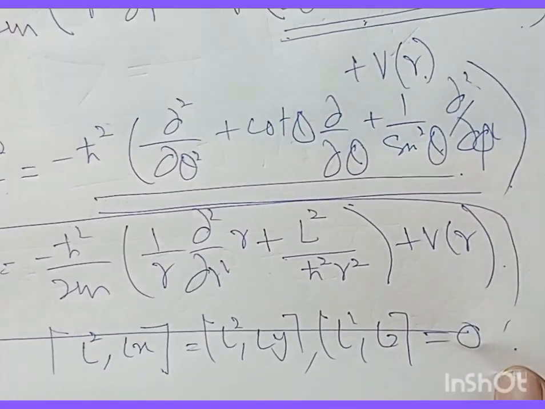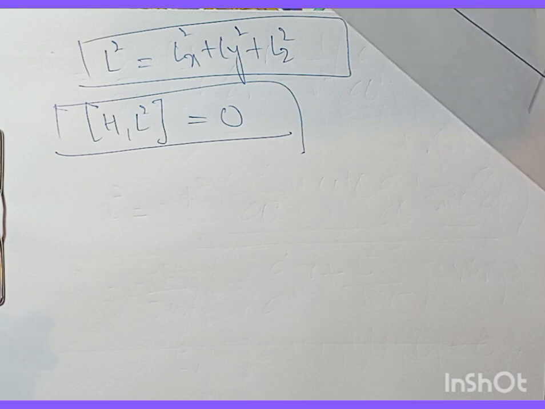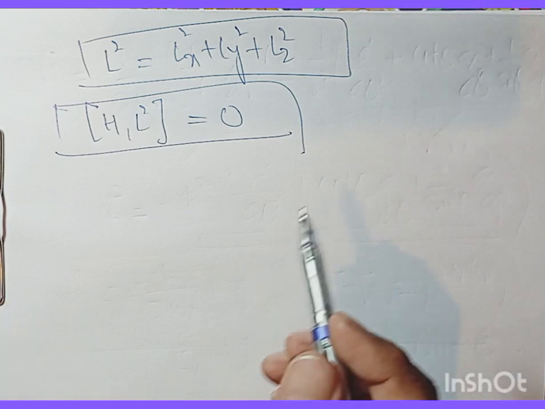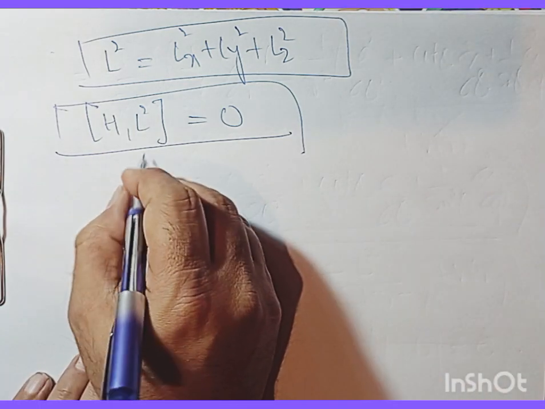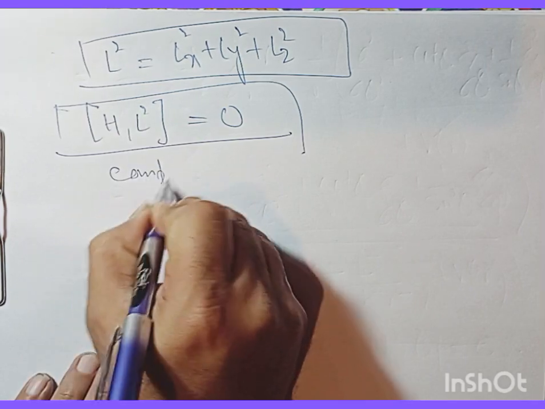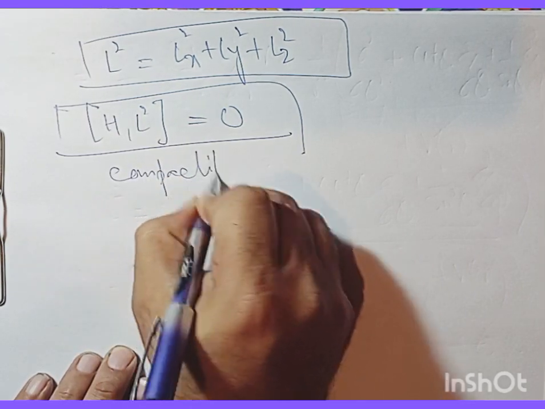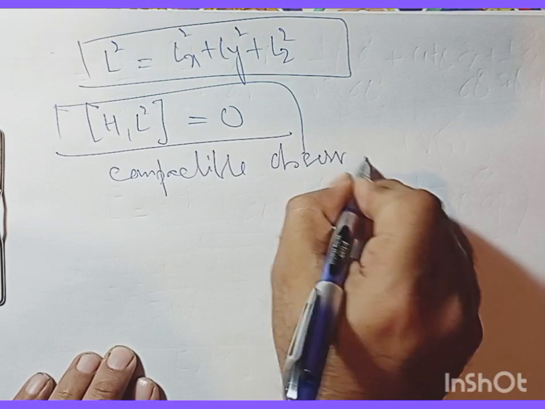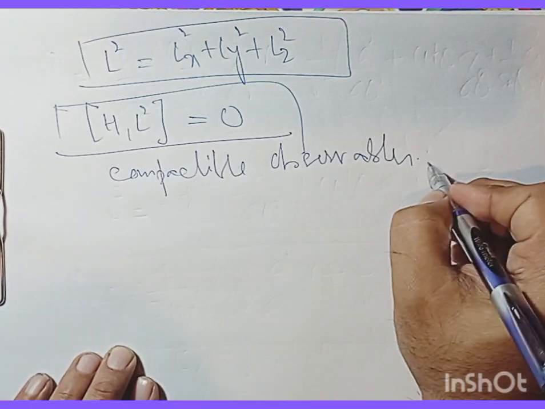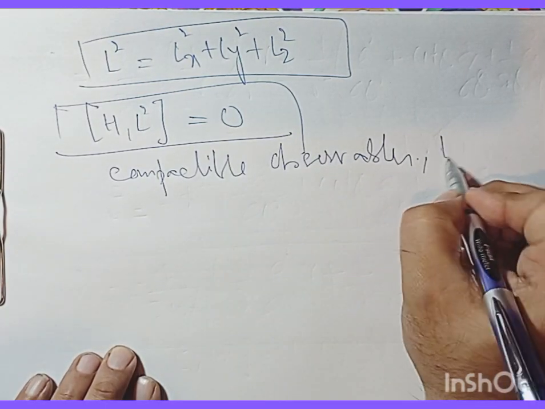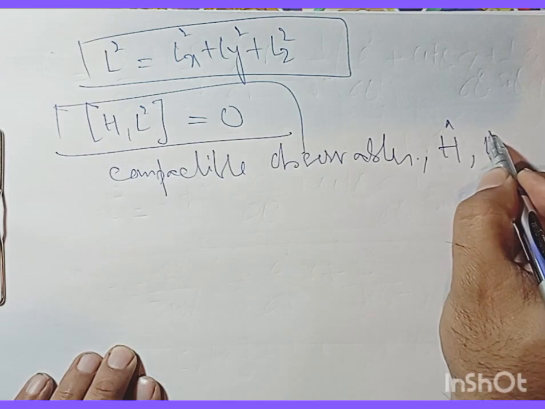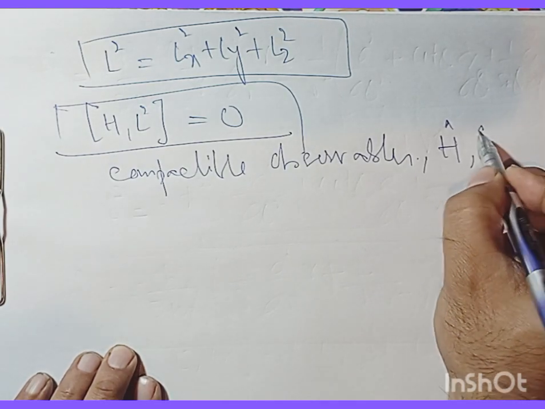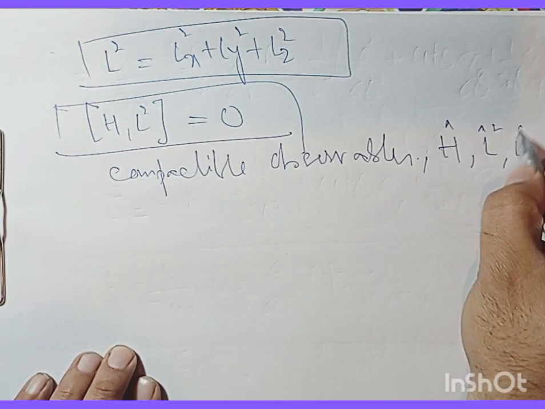So we have some compatible eigenvalue equations, compatible observables, and these compatible observables are the Hamiltonian operator, L square, and Lz.